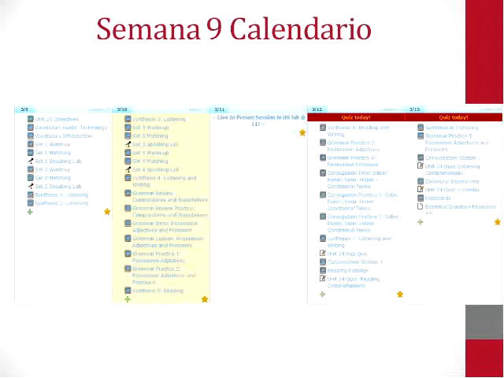We have our week 9 calendar. We started Unit 24 this week, and you're going to finish it, I believe, on Monday next week. So you will have another preview of Unit 25 today, okay?